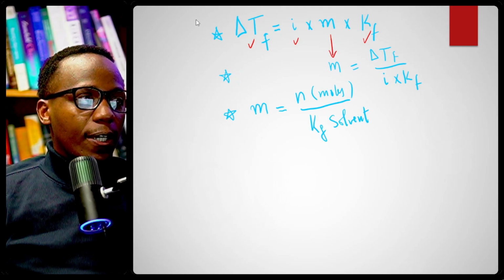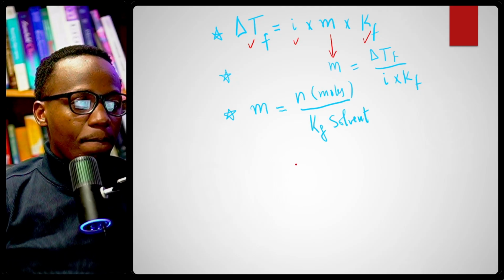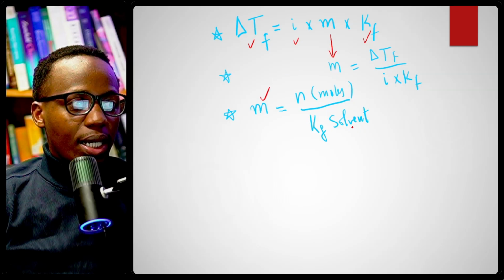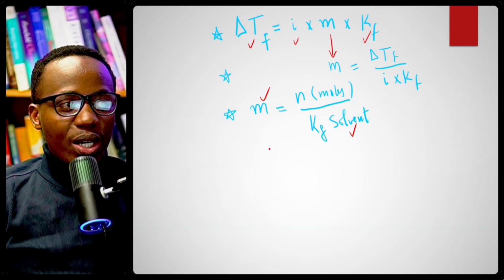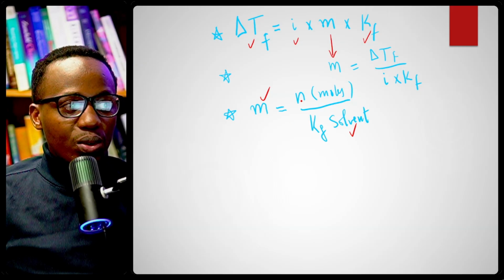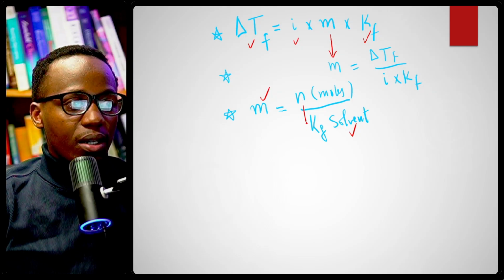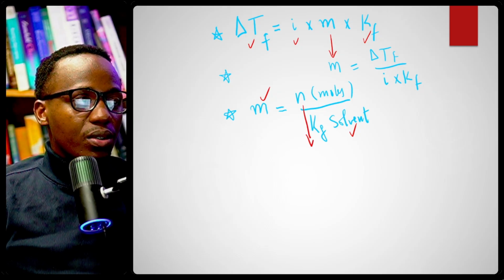So here again, we calculated m from here. We got kilograms of solvent from our experiment, which means that we can find the moles. How would we find the moles?